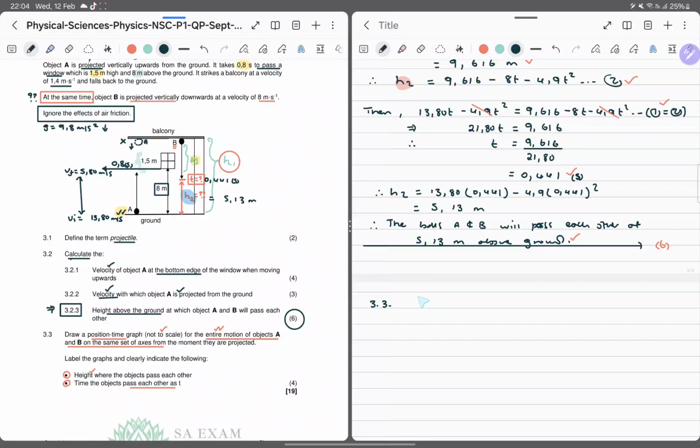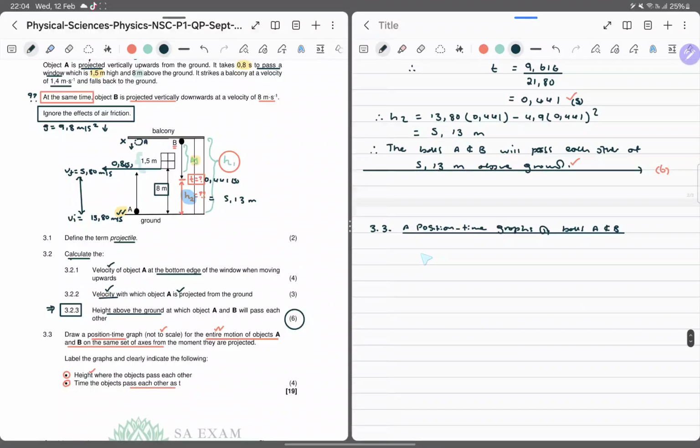So now we can sort it out. We need to write a position-time graph of balls A and B. There has to be a topic. Don't just draw a graph.